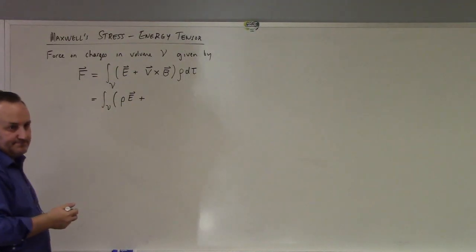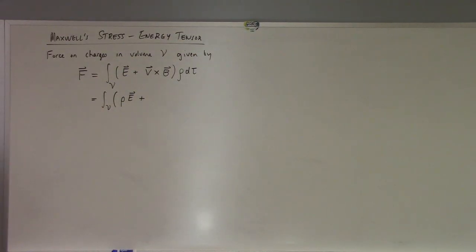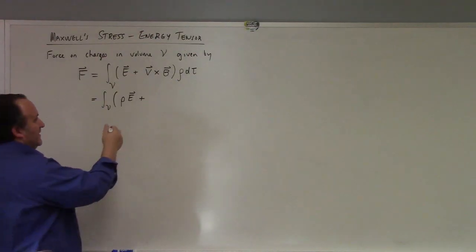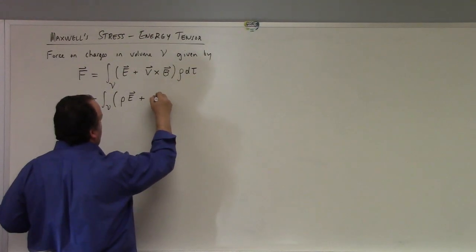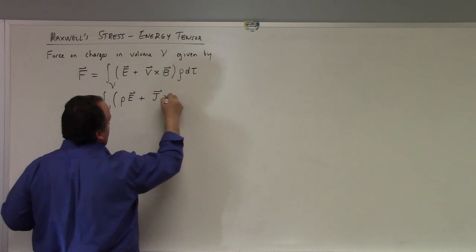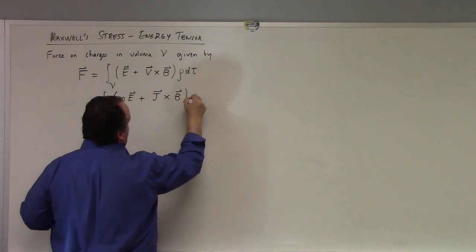That's the current density. So this gives us J cross B d tau.